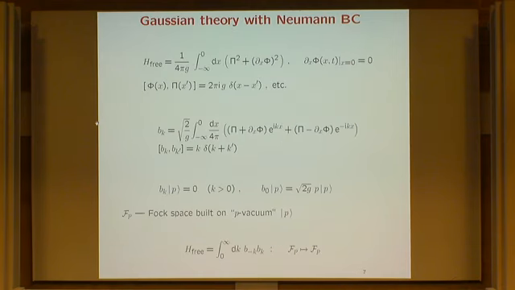Let me remind you how the free boson Hilbert space can be constructed explicitly. We have a quadratic Hamiltonian, and you can diagonalize it by just a Fourier transform. These transformations introduce creation and annihilation operators satisfying these conditions. After this linear transform, the Hamiltonian takes the form of a set of independent harmonic oscillators.